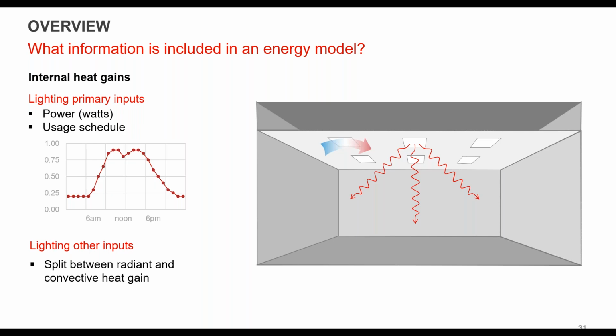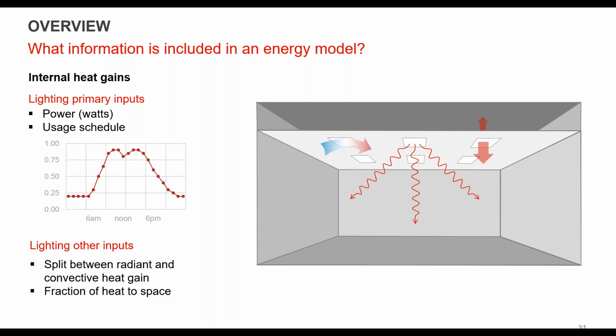For lighting, you also need to understand how much radiant gain versus convective gain is associated with your fixtures. This can be fairly important, especially when we start looking at LED lights where you might have drivers up in the ceiling. You might have a fairly low radiant gain into the space from your lights because most of it might be headed directly back into your return air duct.